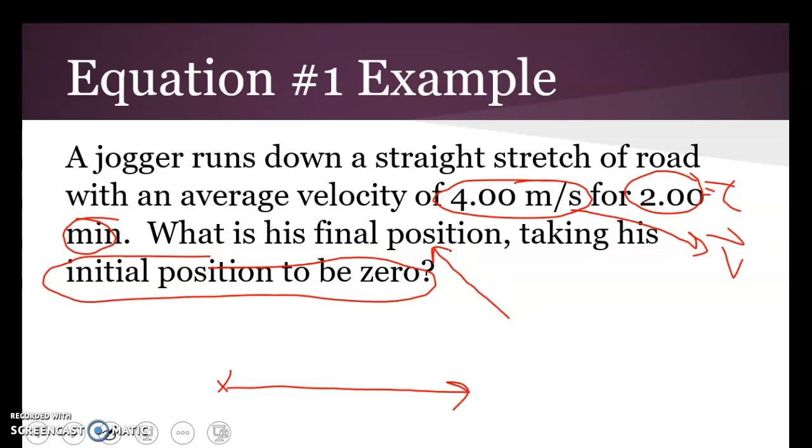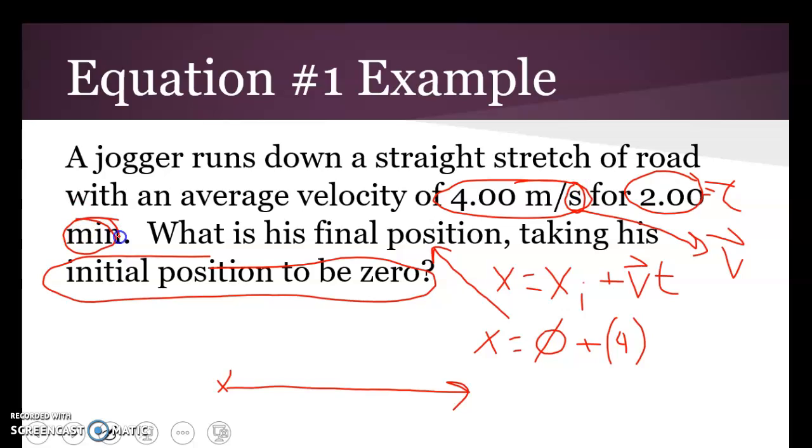So obviously the equation we want to use is the one we just previously mentioned: x initial plus average velocity times time. And now I just substitute. I'm solving for final position. My initial position is 0. I add to that my velocity, which is 4 meters per second. Now my time, and here's where units come into play.